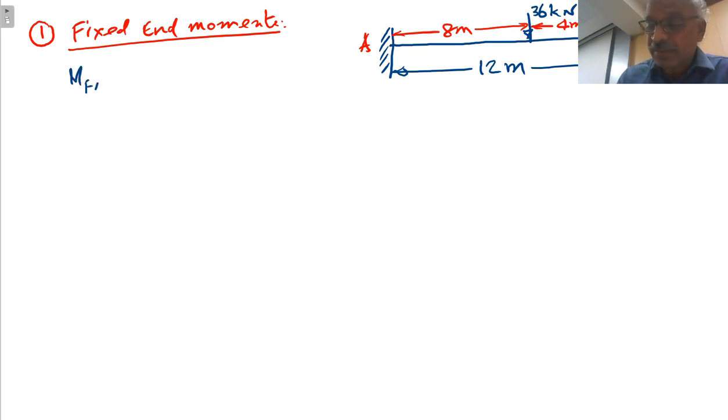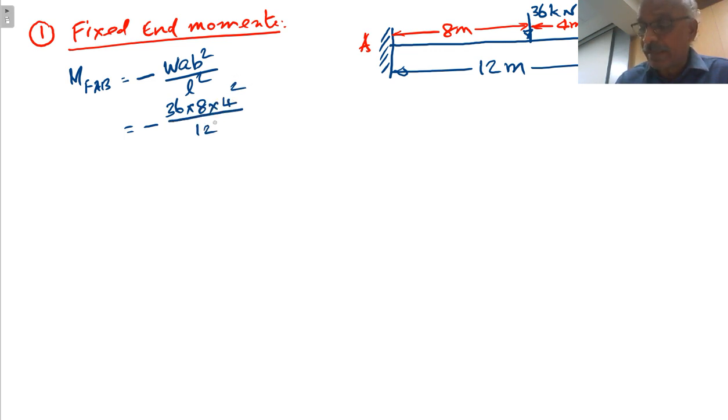Therefore, MF AB equal to minus W A B square by L square. This is equal to minus 36 into 8 into 4 square by 12 square. So this value will be minus 32 kilonewton meter.